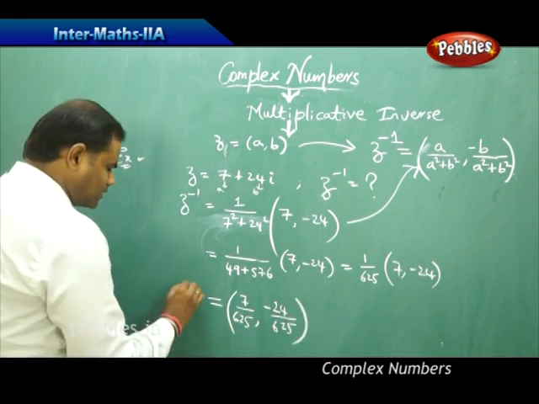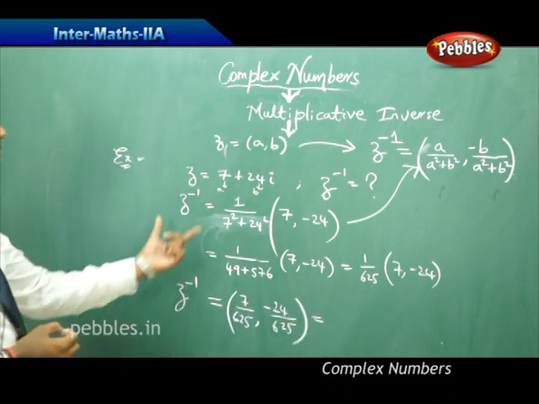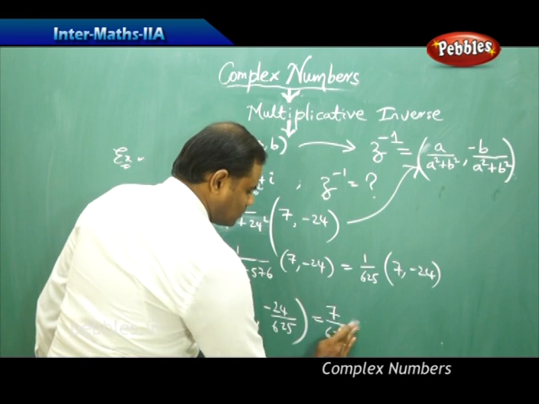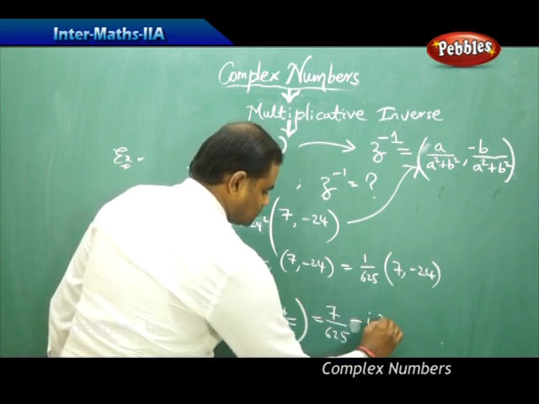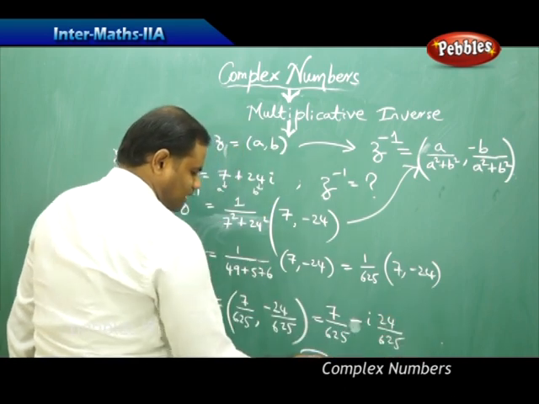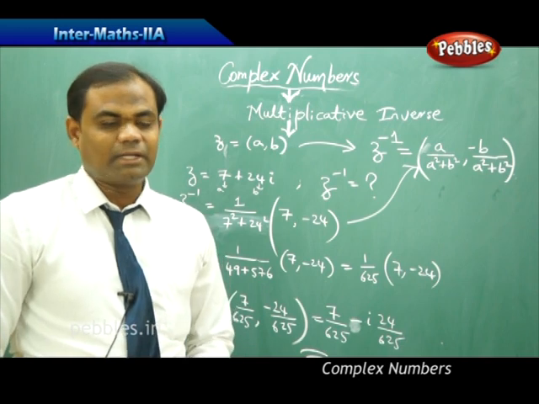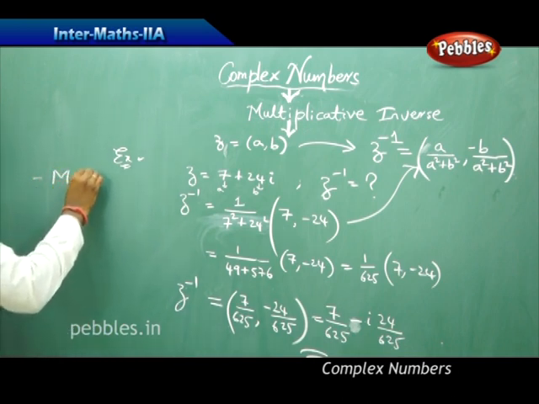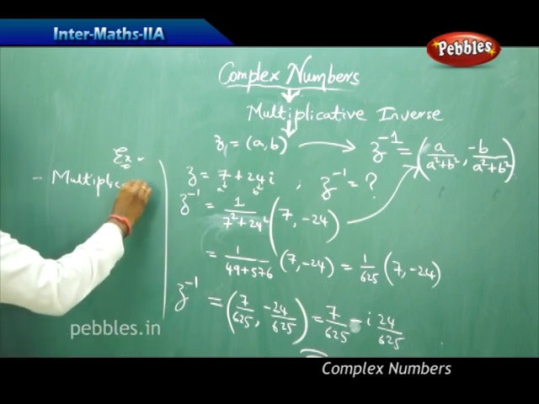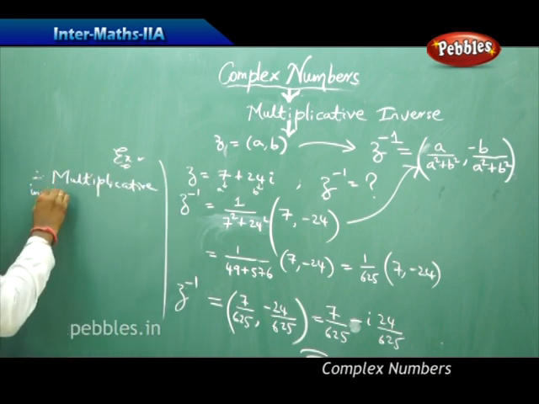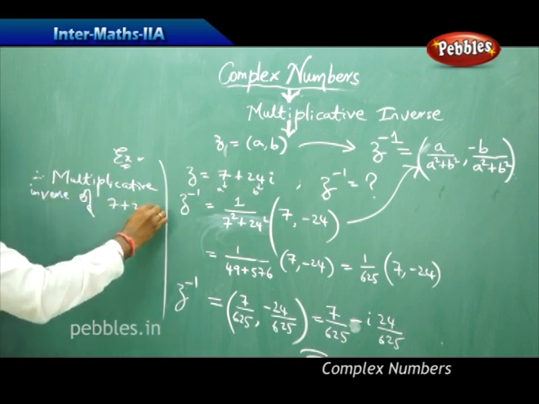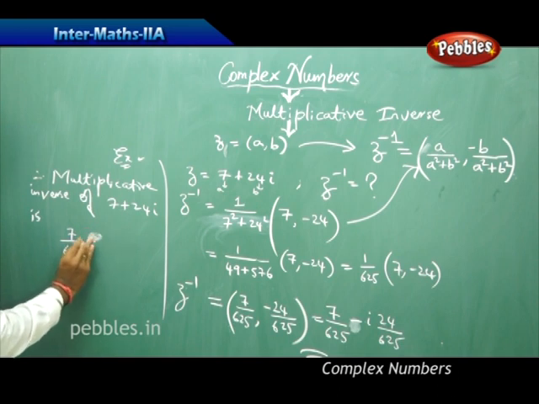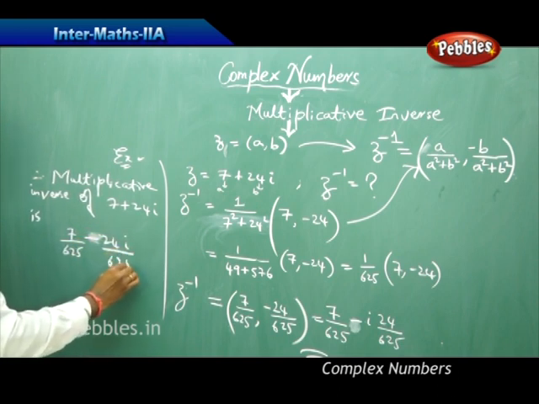That is, the multiplicative inverse of 7 plus 24i is 7 by 625 minus i times 24 by 625.